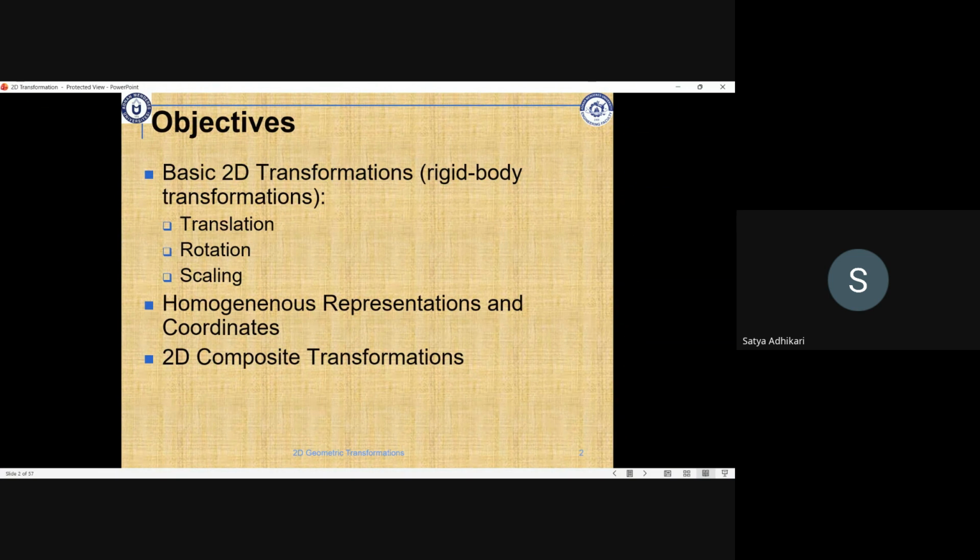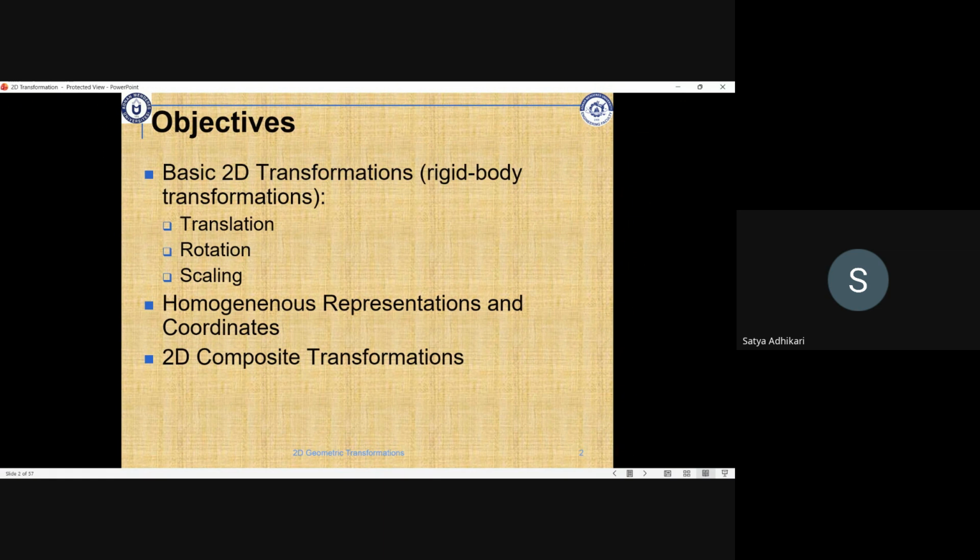What is homogeneous coordinate? Besides that, 2D composite transformation. Translation, rotation, and scaling are single transformations. A single transformation can be used once at a time.